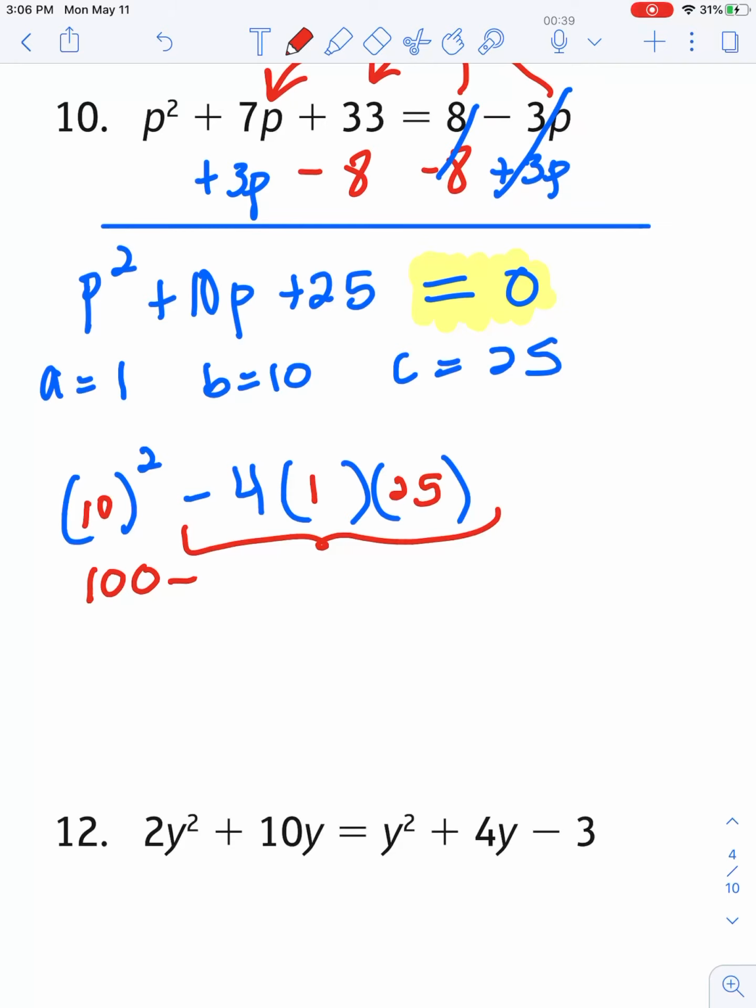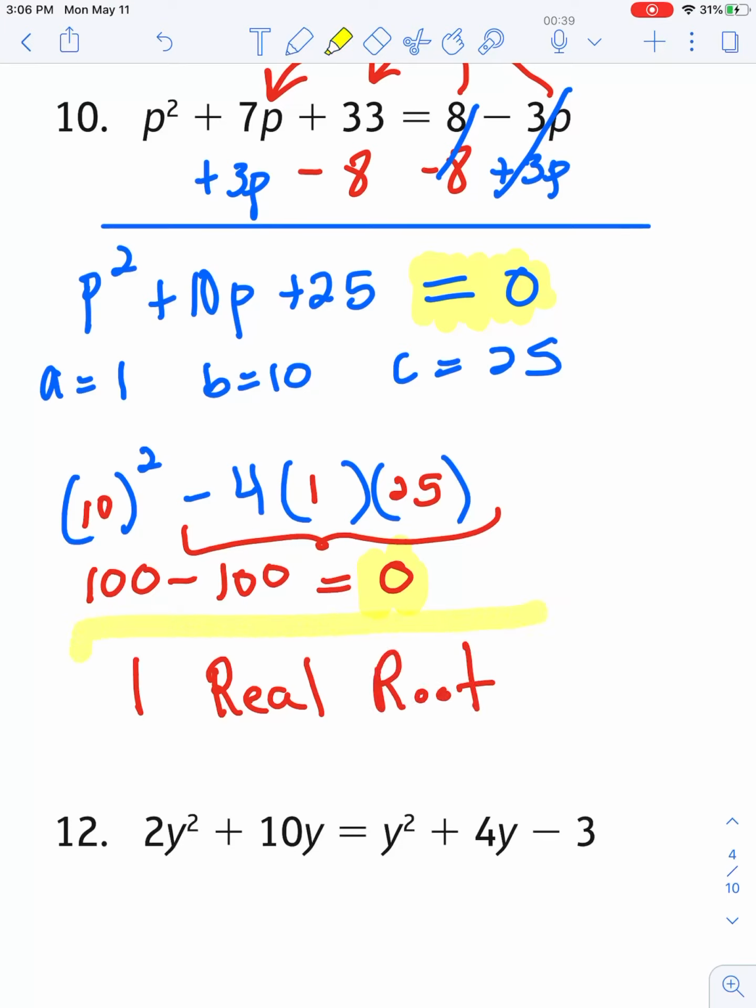So 4 times 1 is 4. 4 times 25 is 100. So 100 minus 100 is 0. So because the discriminant is equal to 0, that tells me that there is one real root, and this is your final answer.